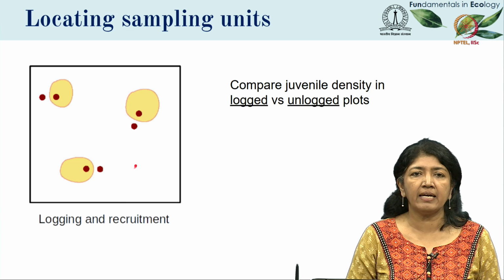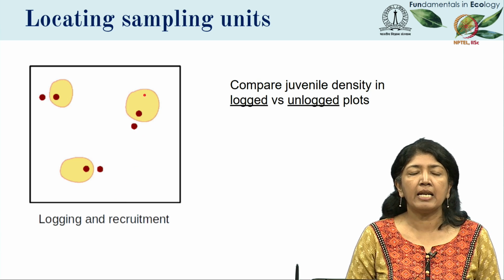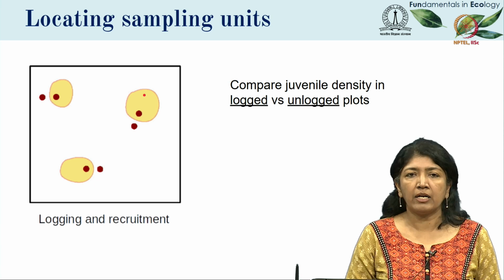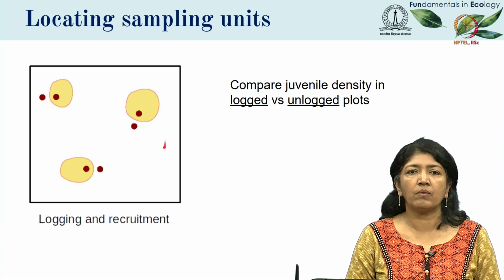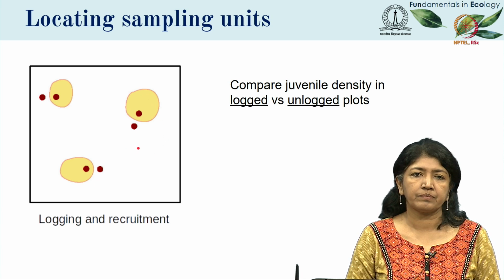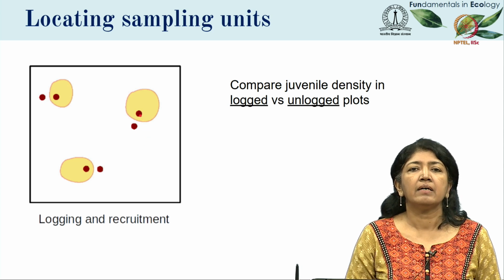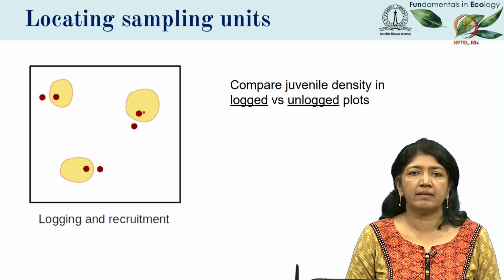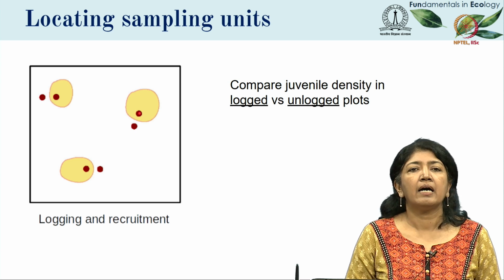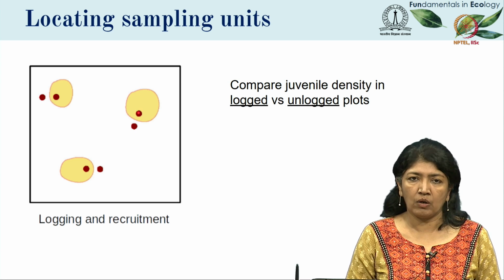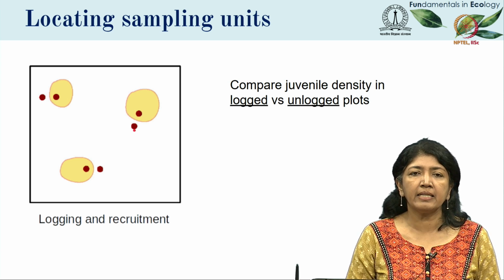So, let us say in this landscape, this rectangle, these yellow patches are unlogged forests and the surrounding area is logged. So, what we do is we randomly select a plot within the unlogged forest, and then close by in the logged forest we establish a plot for comparison.